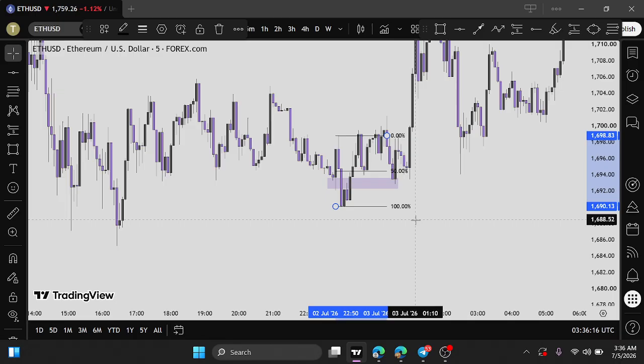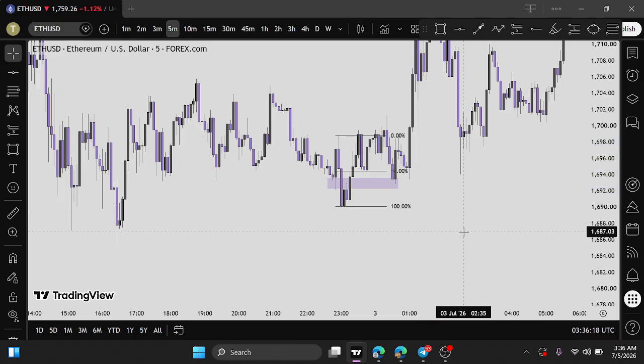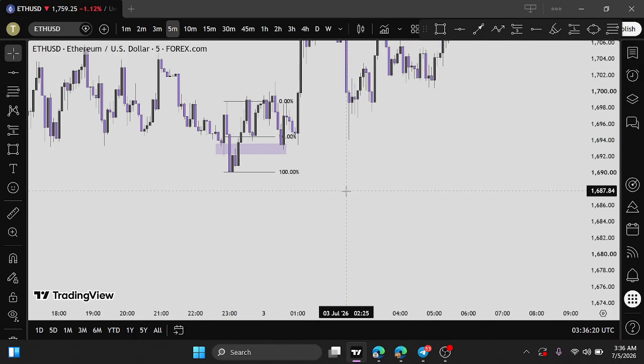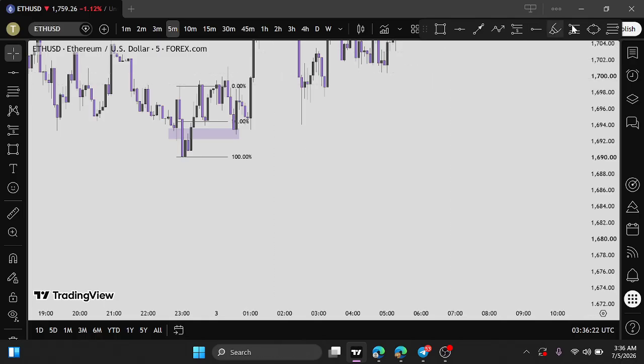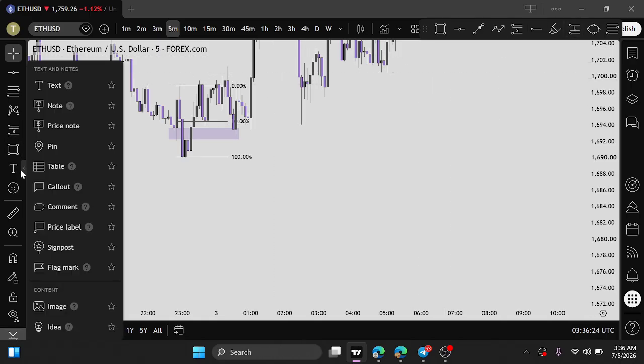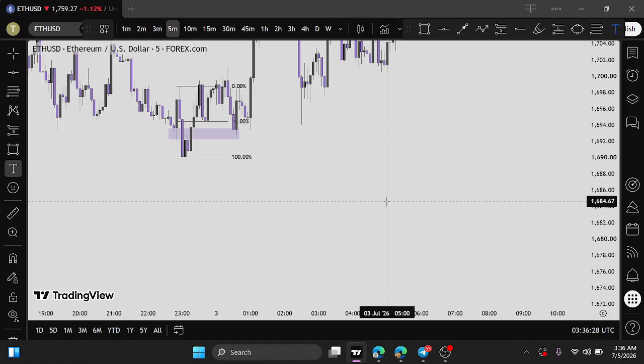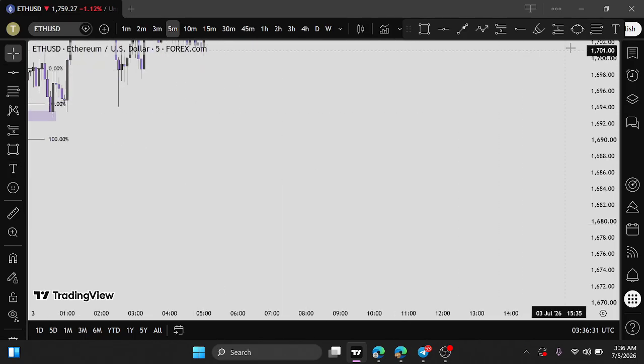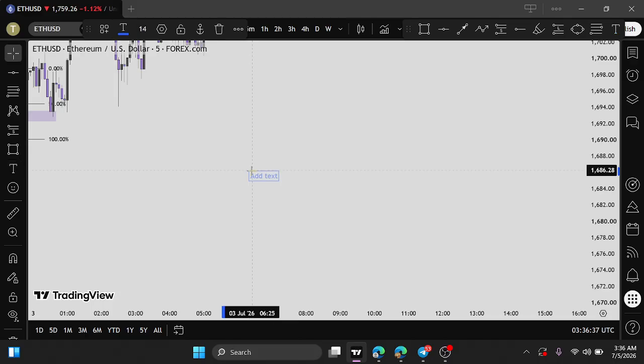And what is the rule about Fibonacci when it comes to your liquidity spotting? First thing, I think I don't have my text here, so I need to get the text there. First thing you want to look out for when you are using your Fibonacci on your liquidity.